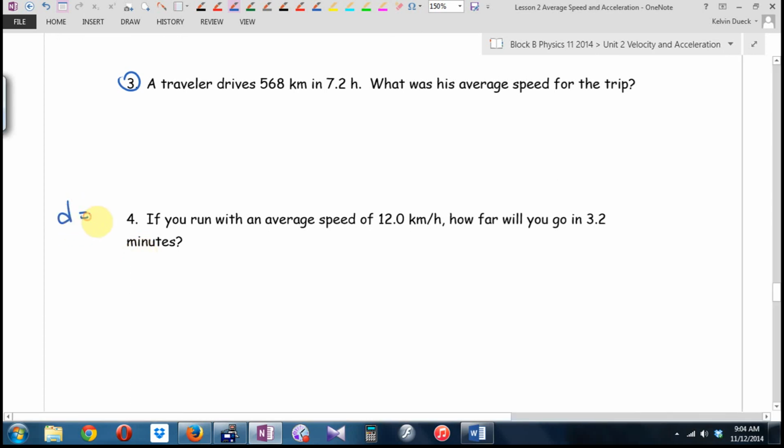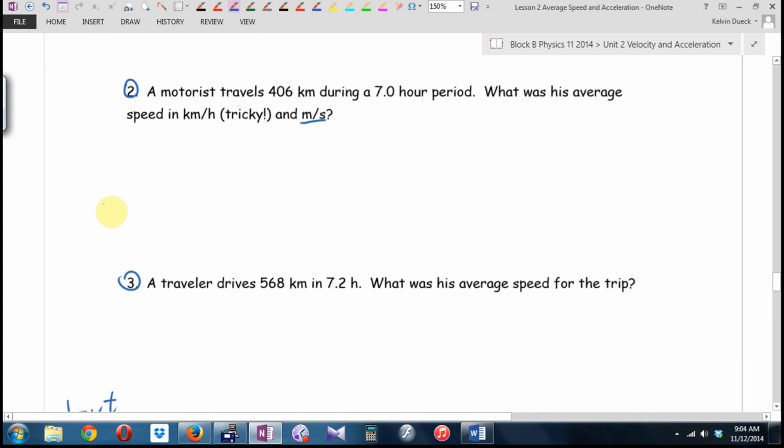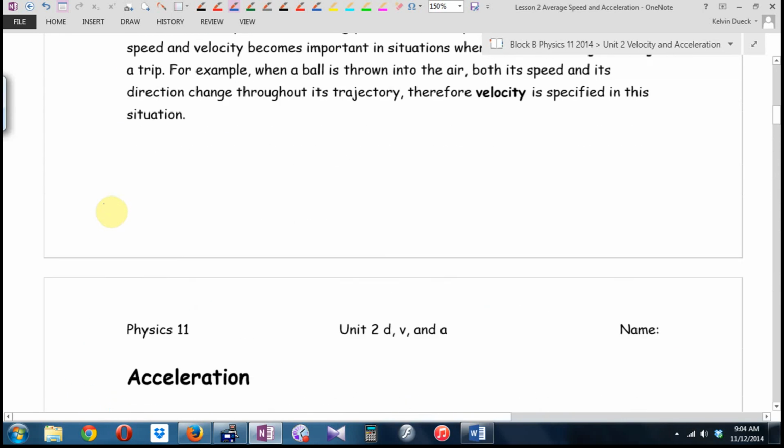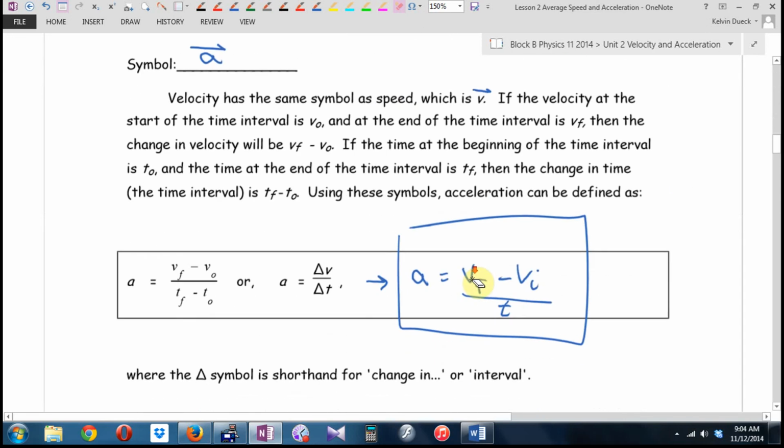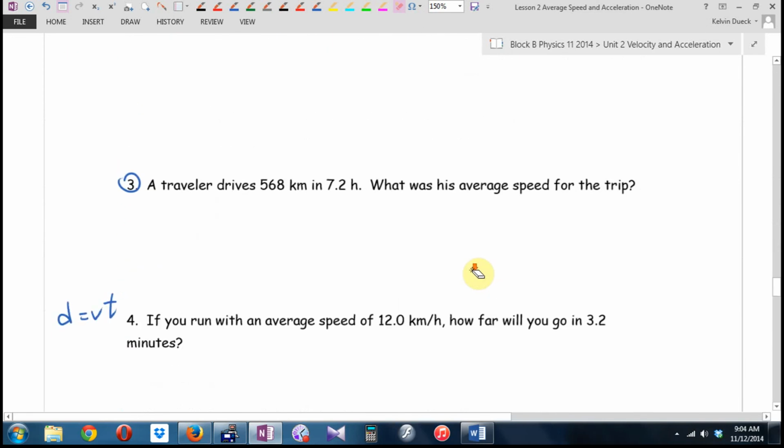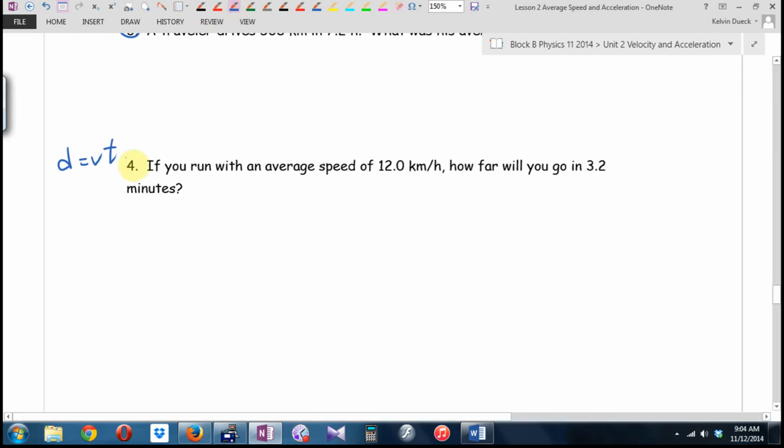Distance equals v times t, right? So at the very beginning, on the very first page, when I gave you these, as far as I'm concerned now, I can give you any 2 of these, find the third. So I'll give you number 4.